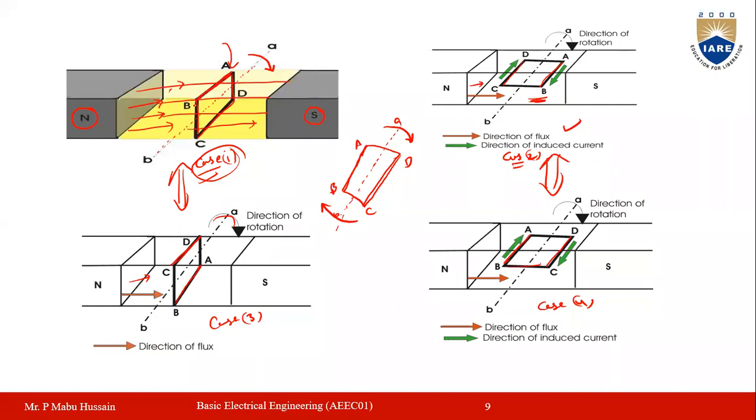So when your conductors are in vertical position, the maximum amount of flux will be linked with the conductors, and when the loop is in horizontal position to your magnetic flux, then no EMF will be induced.